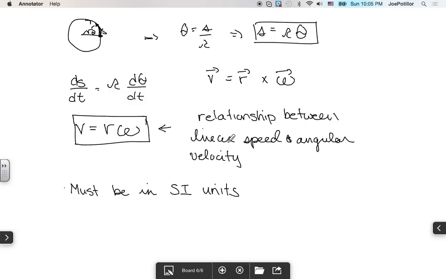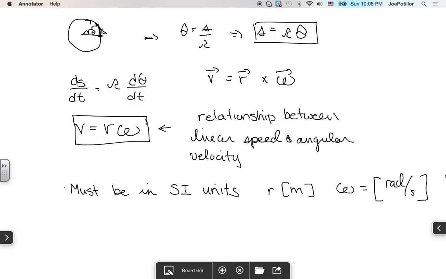So R has to be in meters, and the omega must be in radians per second. If it is not, the equation does not work. So it's something very important. It is only true in radians per second. It is not true otherwise, because there are other mathematical manipulations you must do in order to make it true. So keep that in mind.